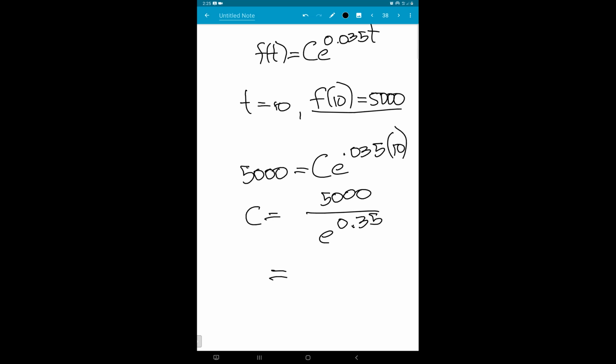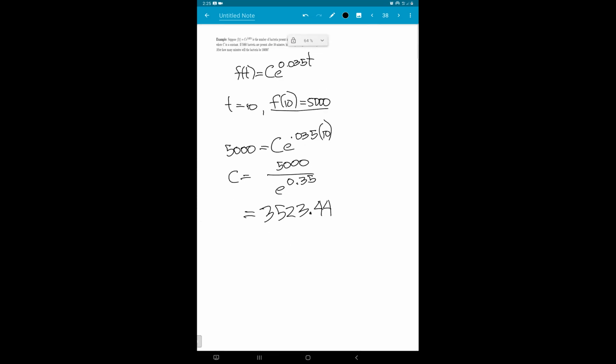Okay, so shift LN, and then I input 0.35. 3,523.440, so to two decimal places, 3,523.44. There, we got C.